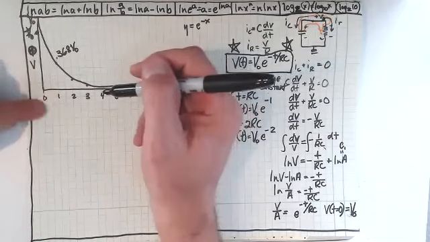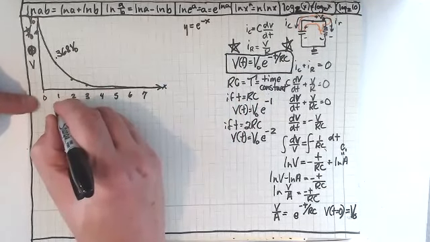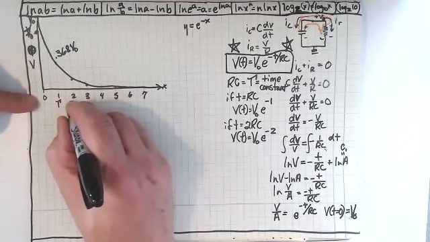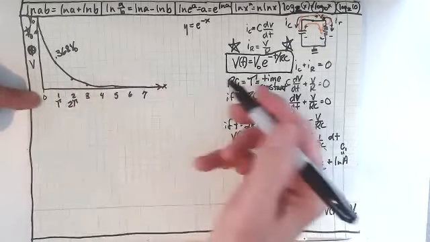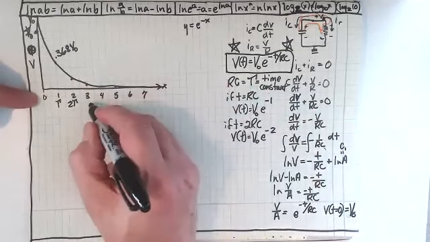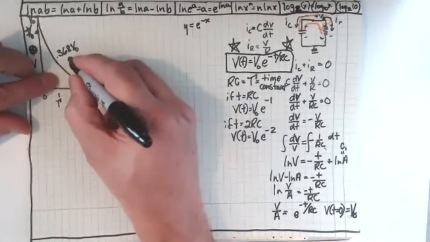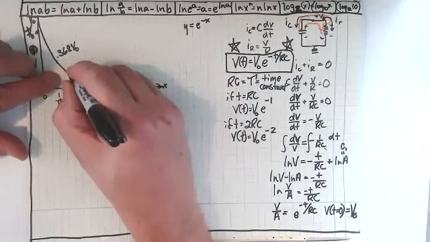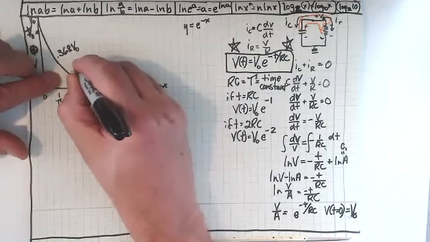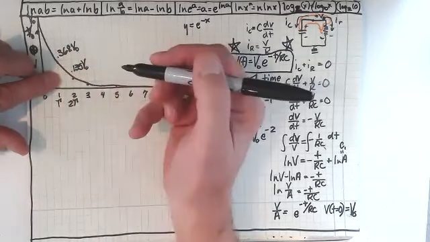This would be 2 tau, where t equals 2 and tau, like I said, is RC. And then 3 tau, 4 tau. So at the first one, we're at 0.368 or 36.8%. The second one is at 13.5% or 0.135 times v sub 0.